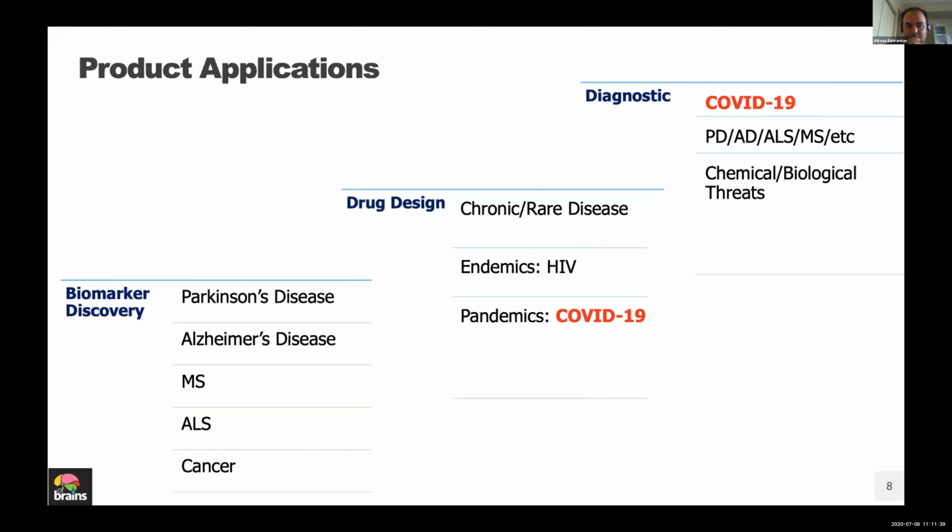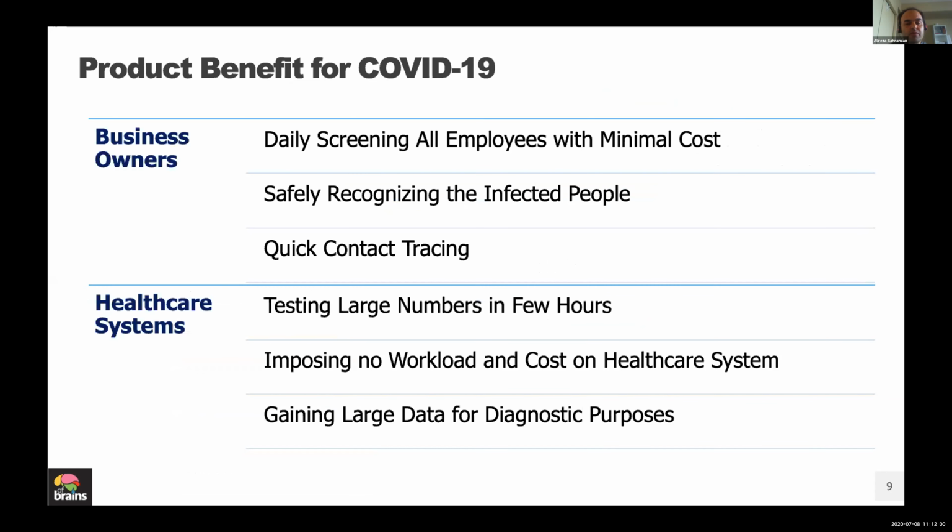Next slide, please. There are a lot of applications for our product. Initially, we focused on Parkinson's disease. Now we have repurposed the technology for COVID-19, and it can be used for other diseases, also for drug design and diagnostic discovery. Next slide. Our product can help business owners monitor and screen their employees, and help them to reopen.